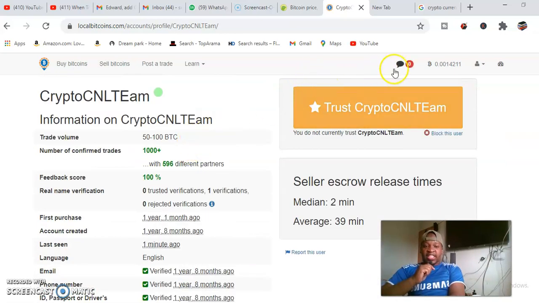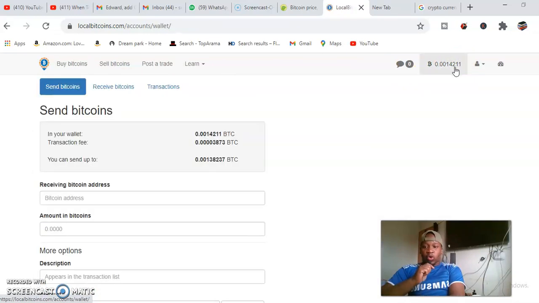And the third thing we'll go through in LocalBitcoins, I want to show you how you're able to transfer Bitcoin from one person to another. As we have already finished the first step, I've already taken you through how to buy cryptocurrencies. You normally go see the offer.